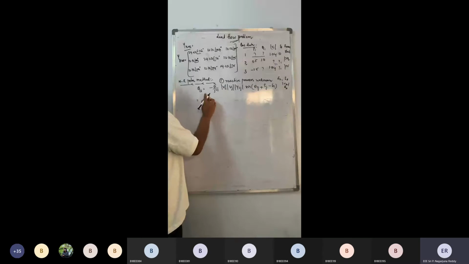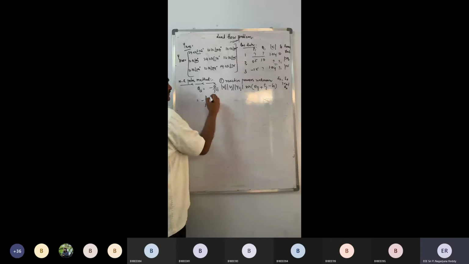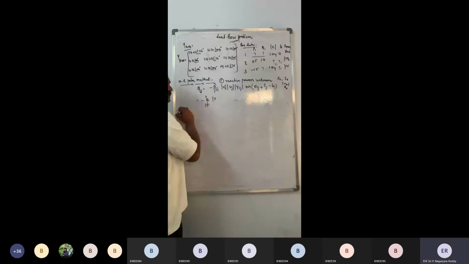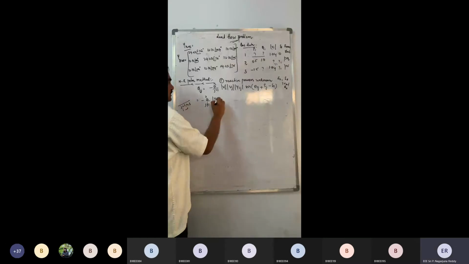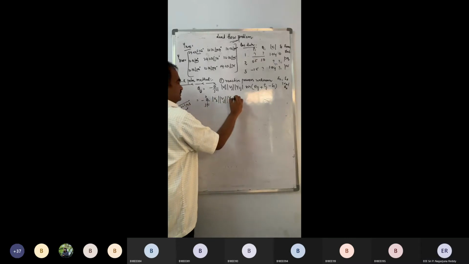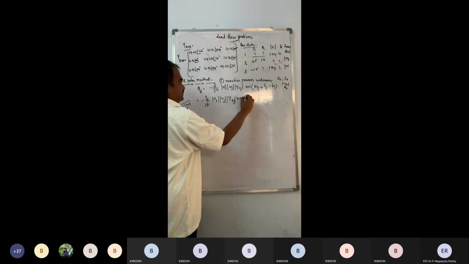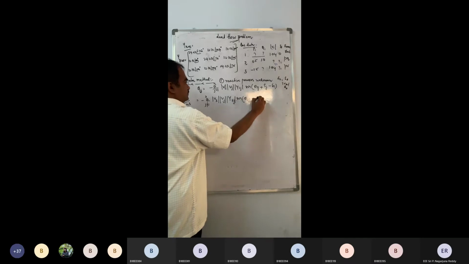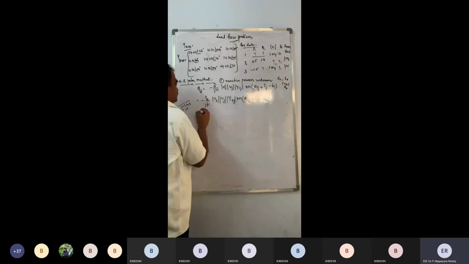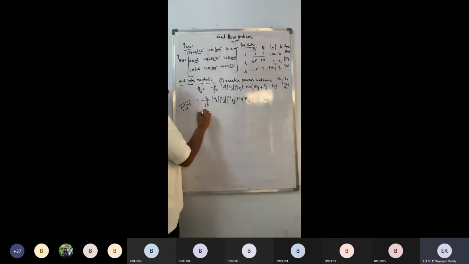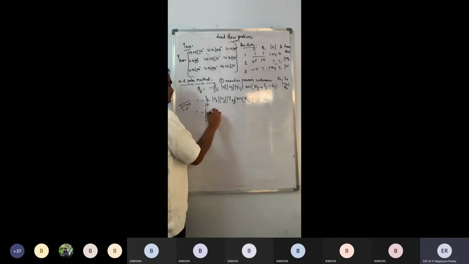Here j varied from 1 to 3, whereas i is fixed at 3. So I will write j is equal to 1, 2, 3. V3, and Vj will vary. So this was the formula where j is equal to 1 to 3. Now I will write it down.